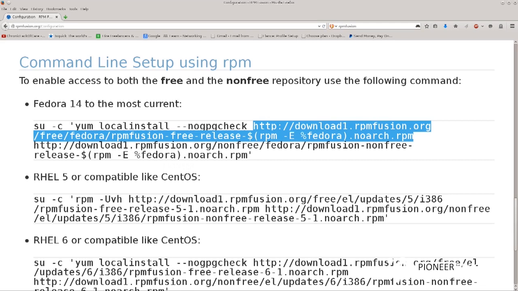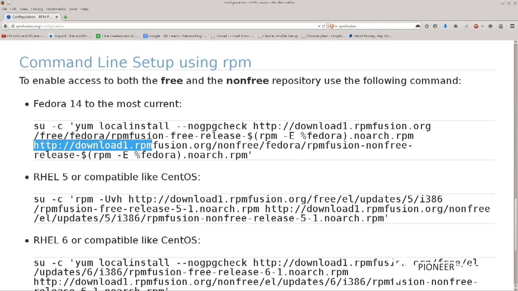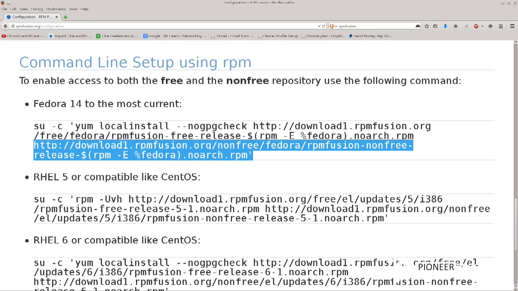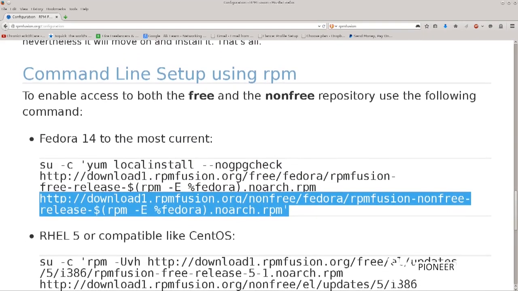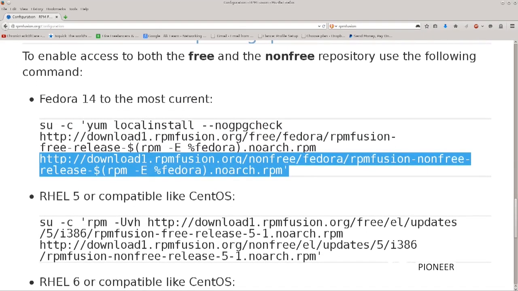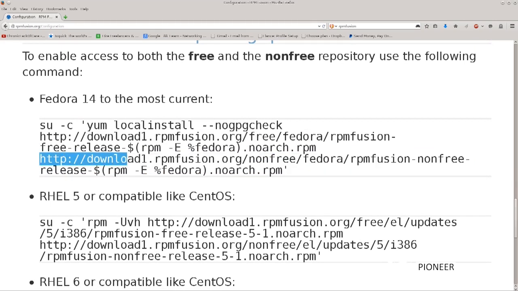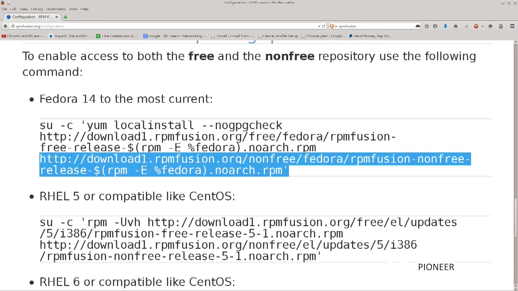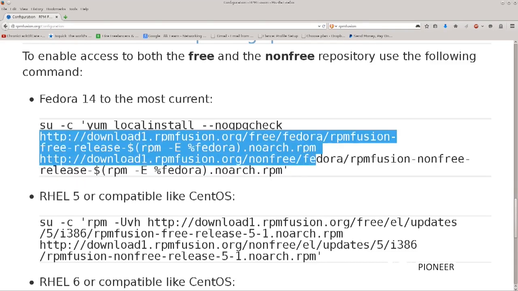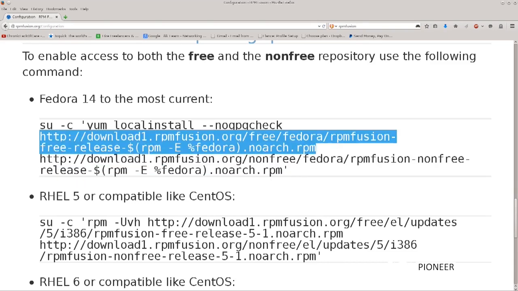And down below you have the second address, again download.rpmfusion.org, and it says non-free. So I'm highlighting the entire thing here. Let me just zoom it in a bit more so everybody can see. And there you go. You have two, well, they're not completely different addresses, but they are definitely different addresses referring to different types of repositories.